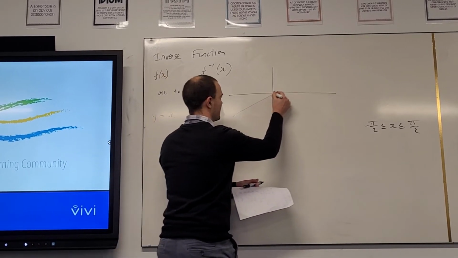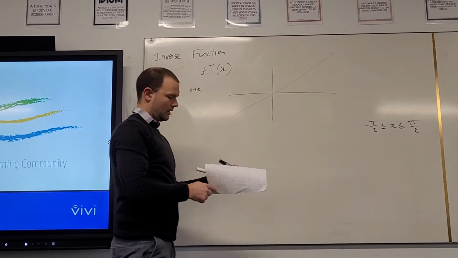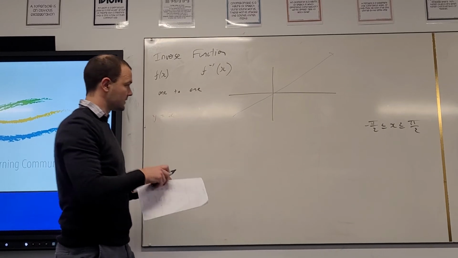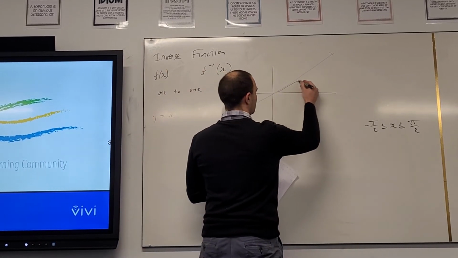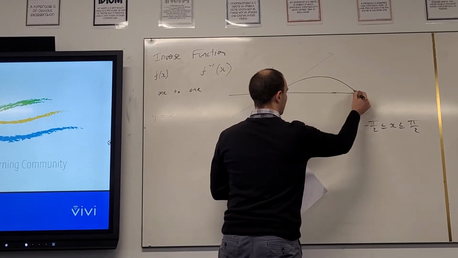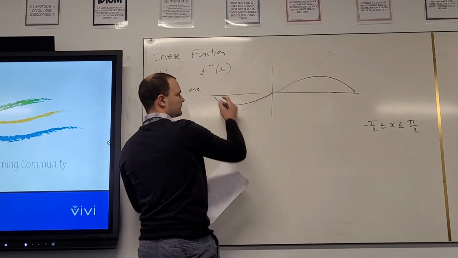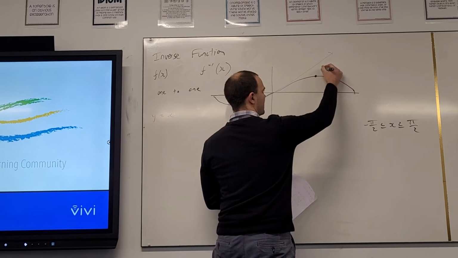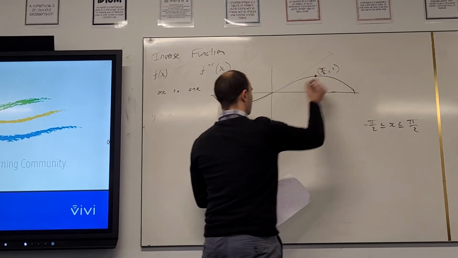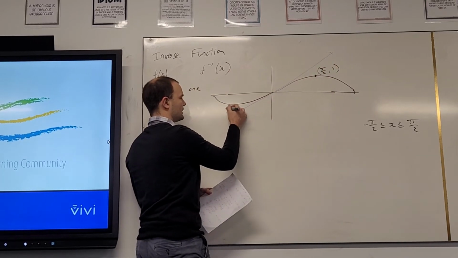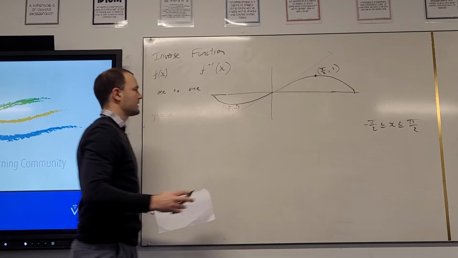The line y equals x. And here's the curve sine x. That's better. Then it's coming down this way like this. We've established these coordinates are pi on 2, 1, and minus pi on 2, minus 1. So that's all good.